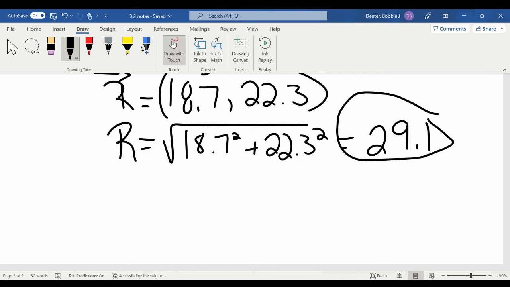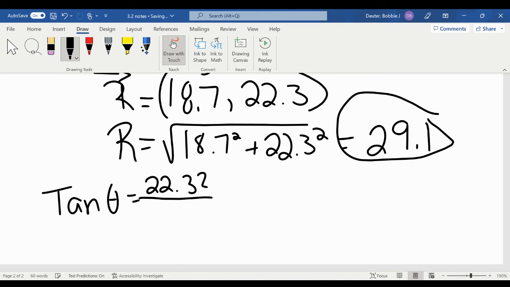So in order to find our tangent, we find tangent of theta, theta being the angle, is equal to our 22.32 divided by our 18.66. Tangent, we know that we can't solve just for this because there's no angle here.